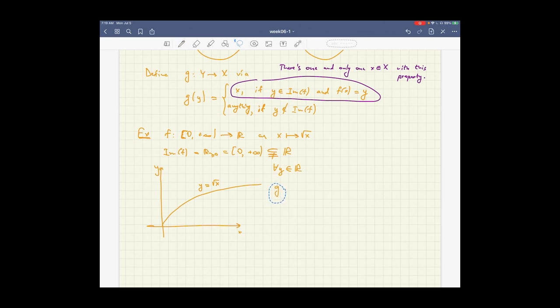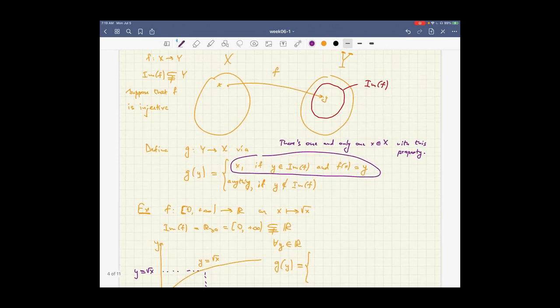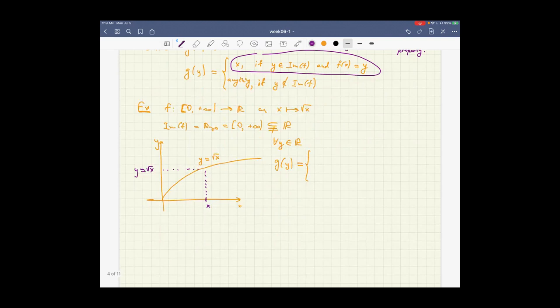I could define g at y to be, well, if y is in the range, if y is non-negative, I could define g at y to be y squared, and it has to be y squared. That's if y is non-negative.